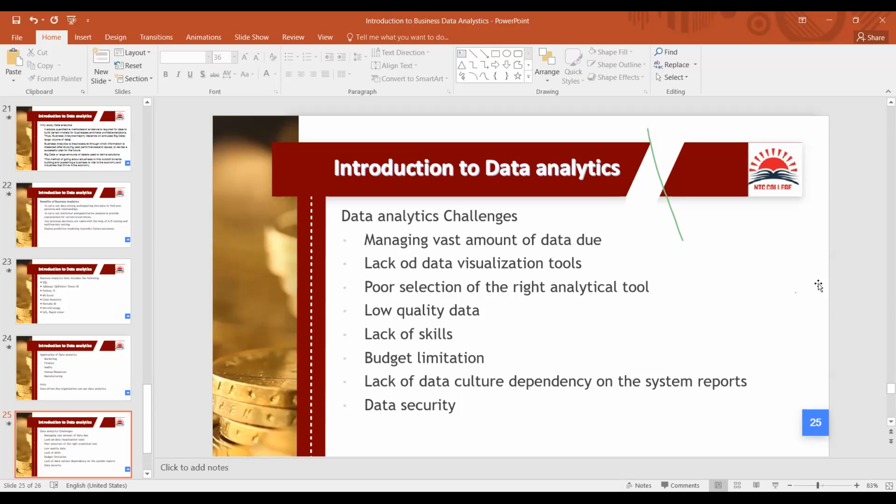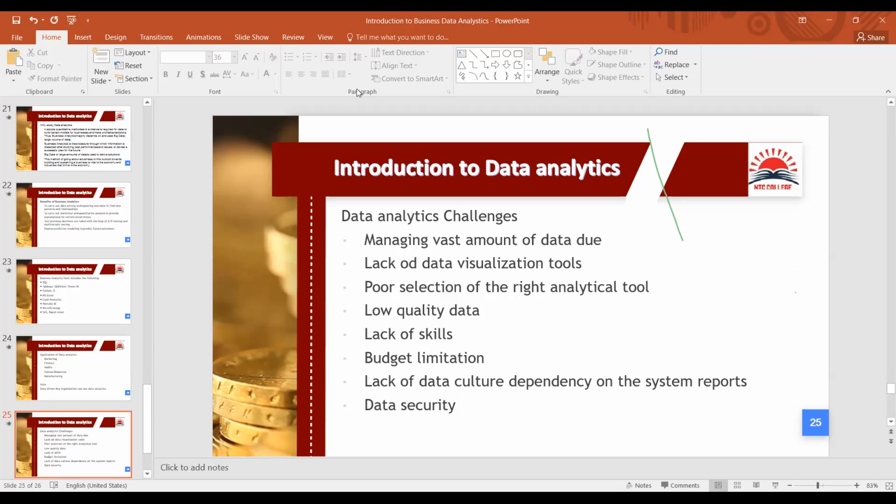Then there's also the element of lack of data visualization tools. Probably you have the data, but you lack the tools to do the visualization. You're not able to see this data from a graphical point of view, whereby you can see trends. Remember, data that is presented in a graphical format, you can easily internalize. You can easily understand the data just by looking at it.